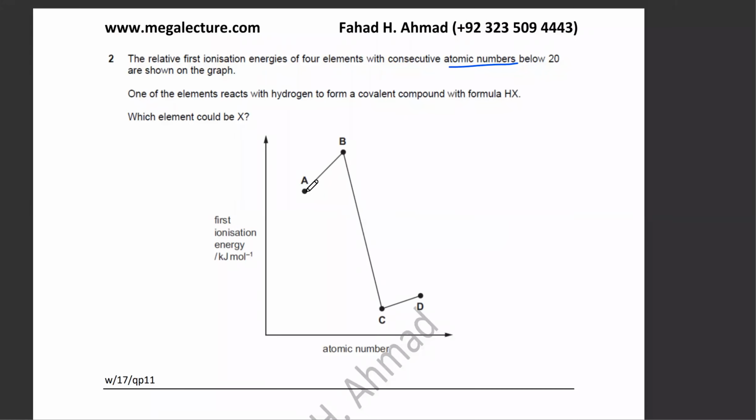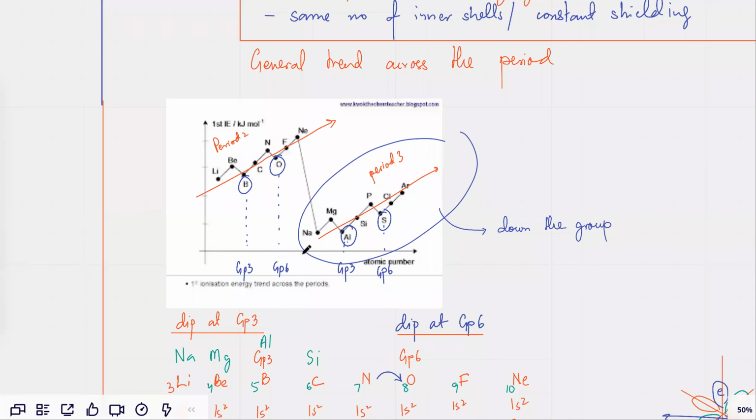There's a rise. The first one is the lowest. Then element B, there's a rise. Then there's a huge dip at C and then D. So which part is this? This is going to be this part. It might be fluorine, neon, and then there's this huge dip at sodium and then Mg. Is this clear?